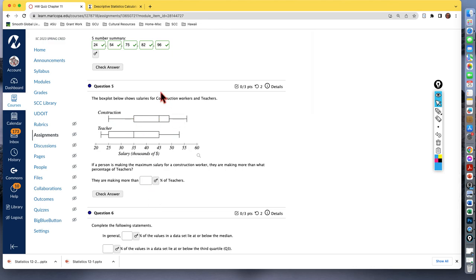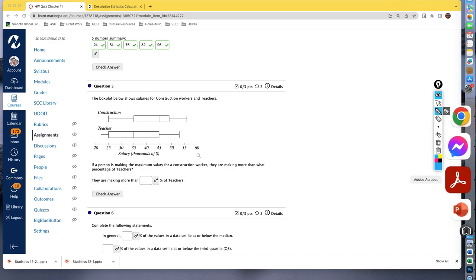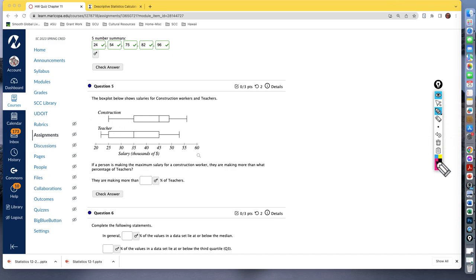So what they do with the 5-number summary is they can actually make a chart that's called a box and whisker plot. There are 5 lines. This one at the end is the minimum number. This is quartile 1.